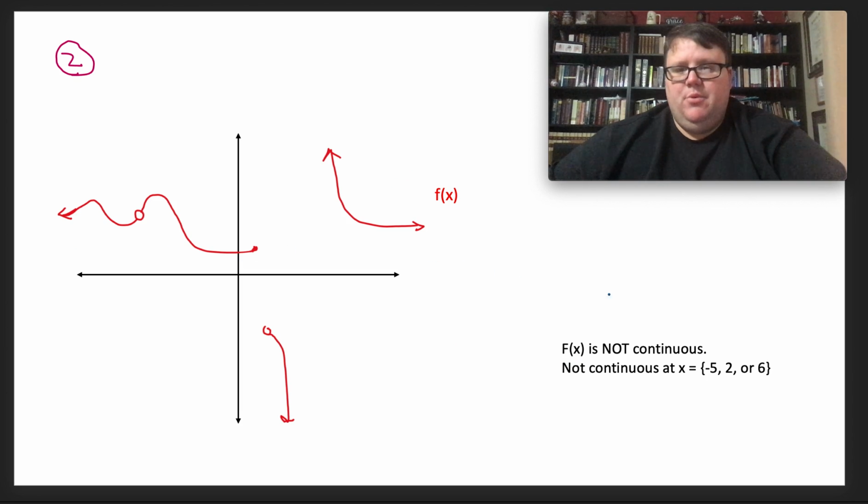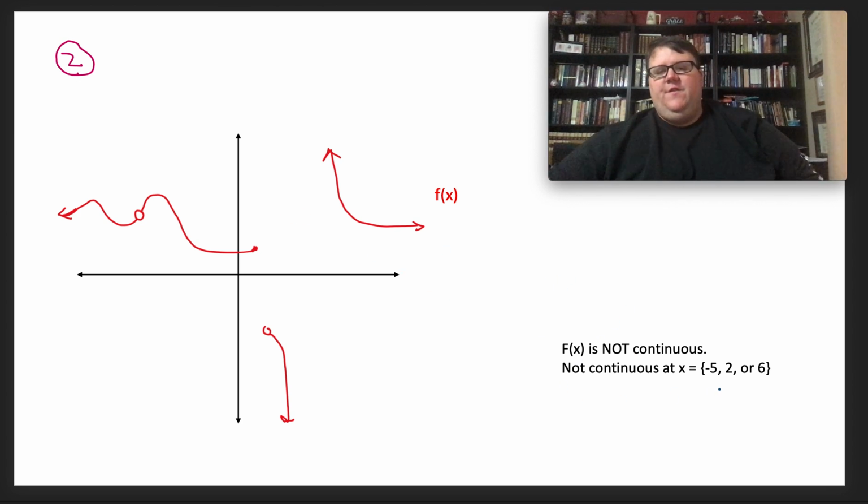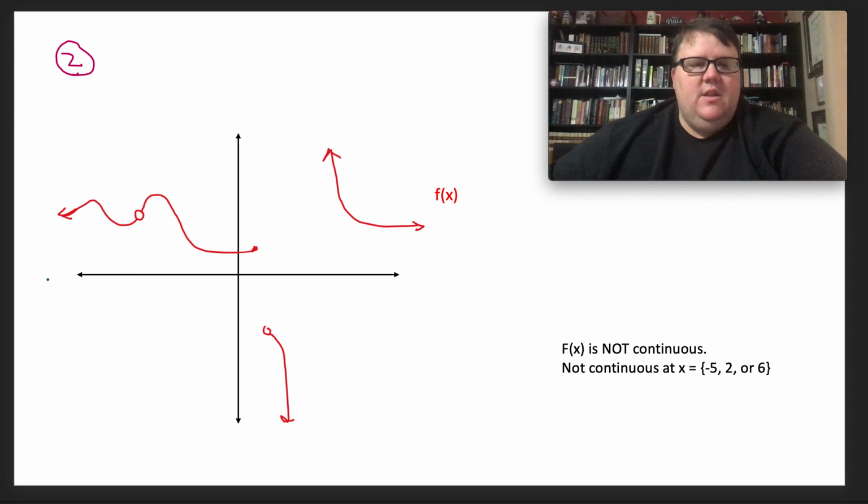Moving on to example 2. Don't pay attention to down here, I already did the lesson, and that's why that's there. If you look at it, x goes to negative infinity on the left and positive infinity on the right. As this graph goes all the way to negative infinity, it goes down.